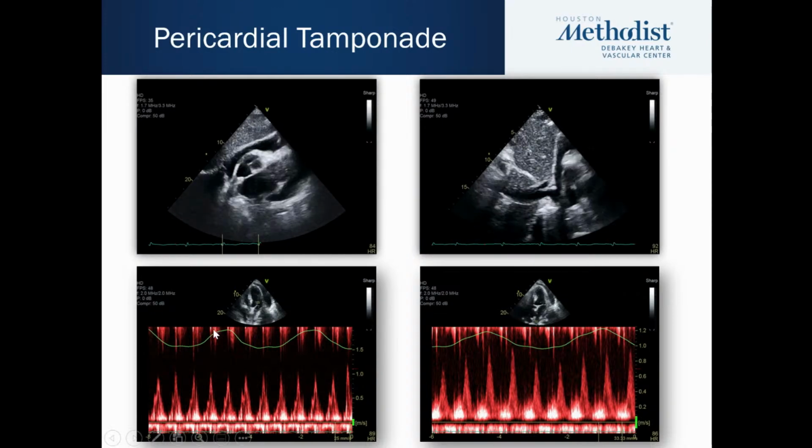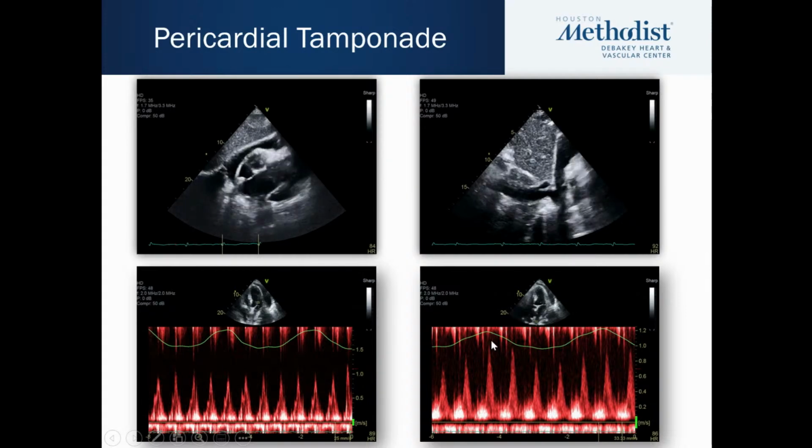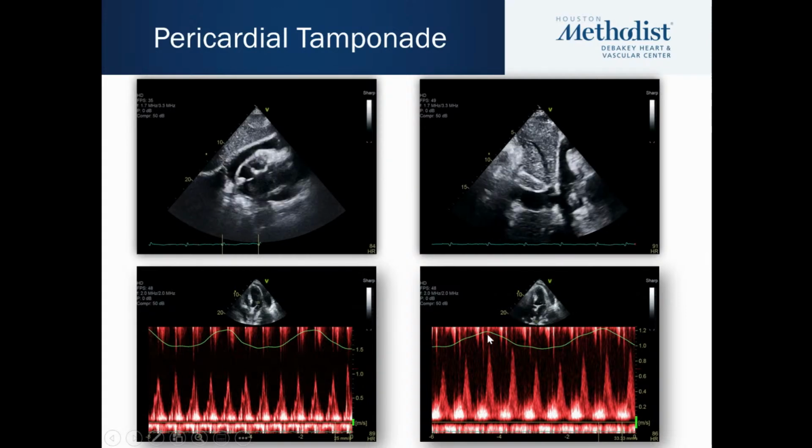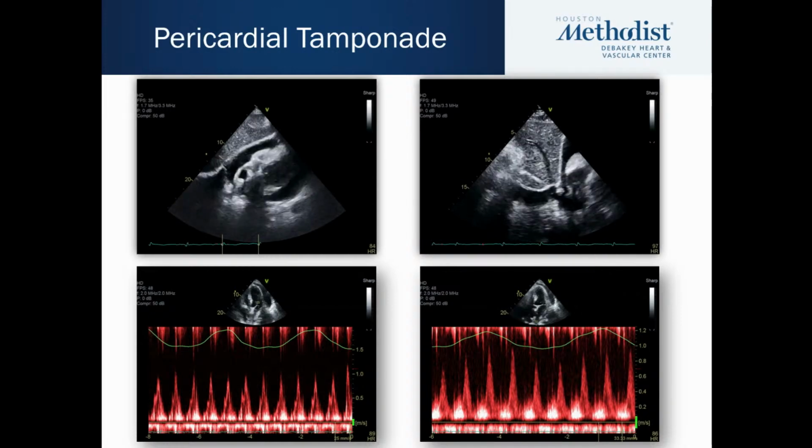And then when it comes to interpreting those changes with the respirometer, these are always challenging, and the key thing that I want you to keep in mind is you go by the first beat after inspiration or first beat after expiration to decide which one to measure and if there's an elevation versus reduction.